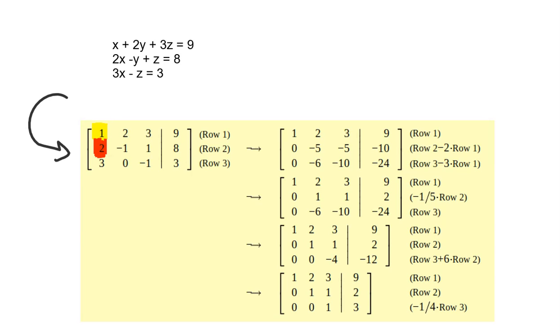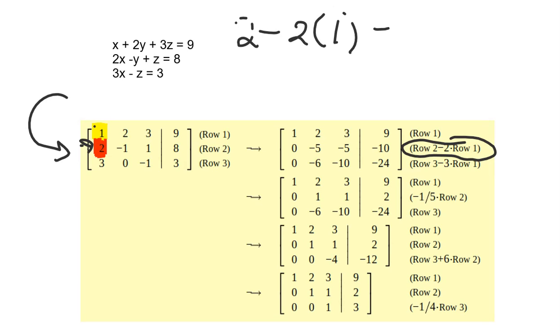In this row operation, I'm taking whatever was in row 2 and subtracting 2 times row 1. So for the first column I'll have 2 minus 2 times 1, which gives me my 0.